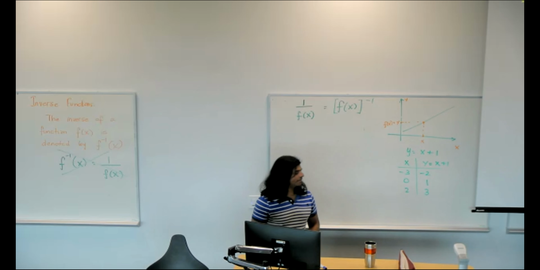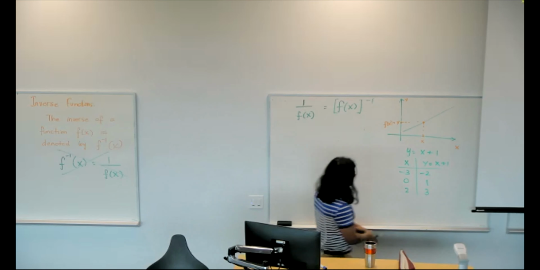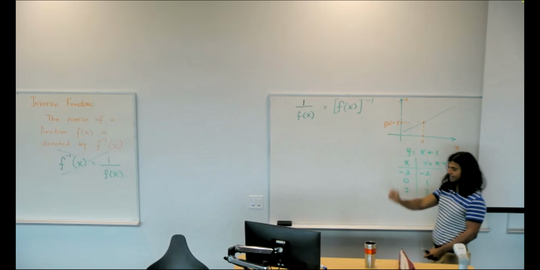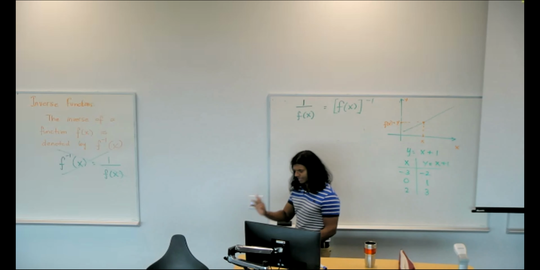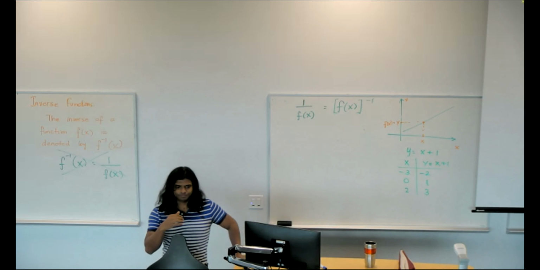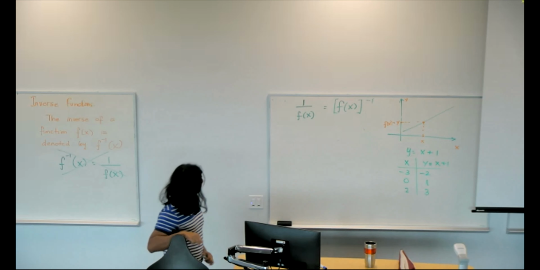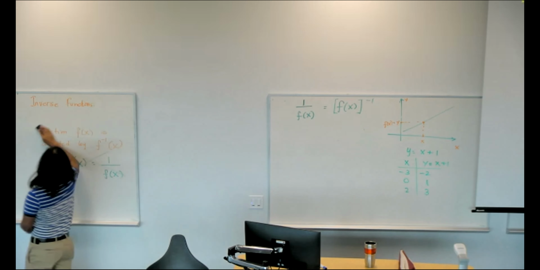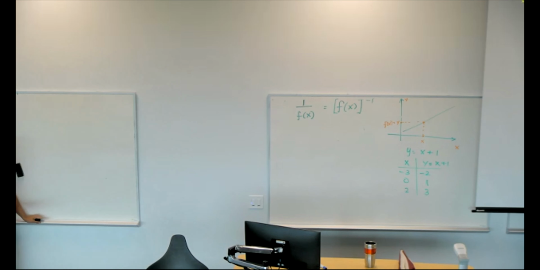But it'll only work provided the function is what we call 1-to-1. In other words, one x value has one y value, a 1-to-1 connection. There is a test that you can use to determine if a function is 1-to-1. Now, how do we determine if an equation is a function?